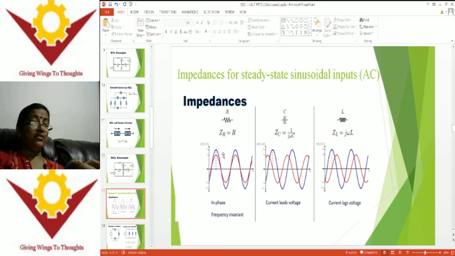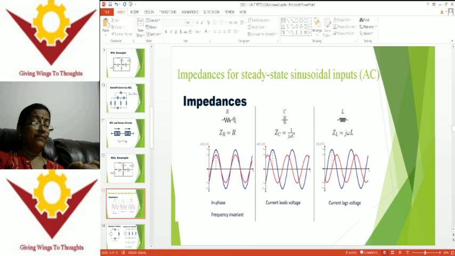So this is the sinusoidal waveform. Here we are observing V of t, the voltage waveform, represented with the blue color, and the current waveform represented with the red color. Whenever we observe the drop across the resistor and the current flowing through it, in what way does the relation lie between current and voltage?